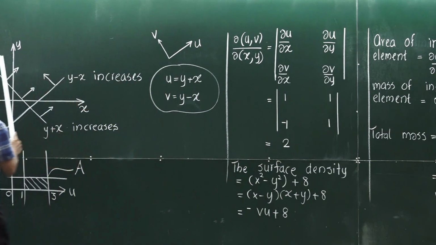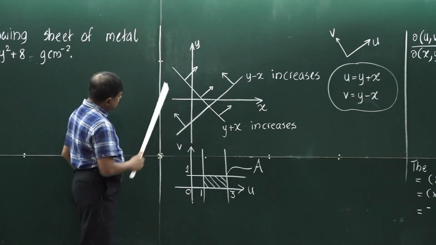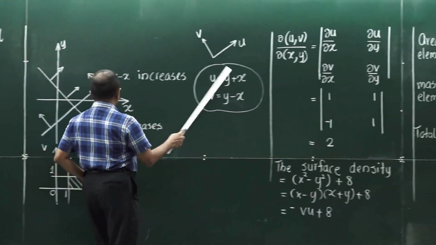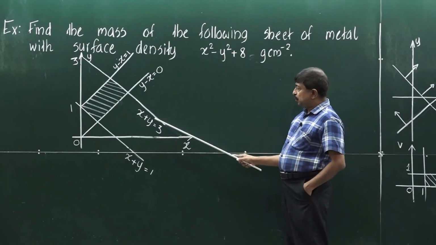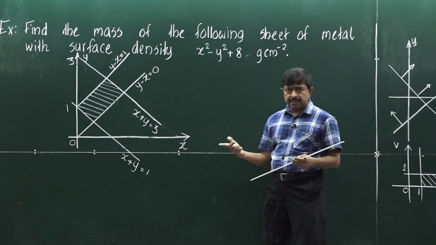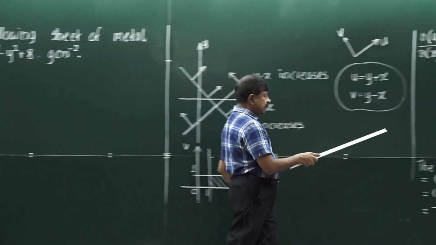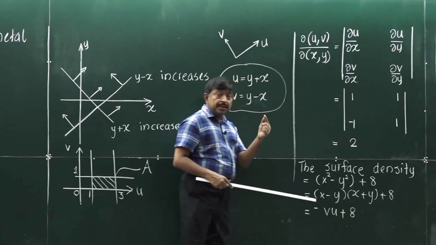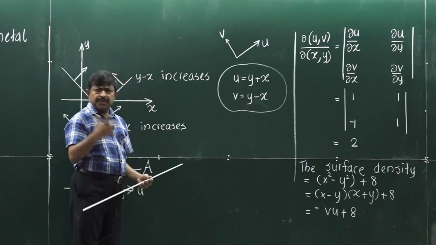Rather than going through this painful process, you can simply look at this and take this as V, this as U, or this as U, this as V, whatever, it does not matter. But if you do that, you might get a negative sign here. That means you have not considered the proper orientation of the coordinate system, but that is okay.